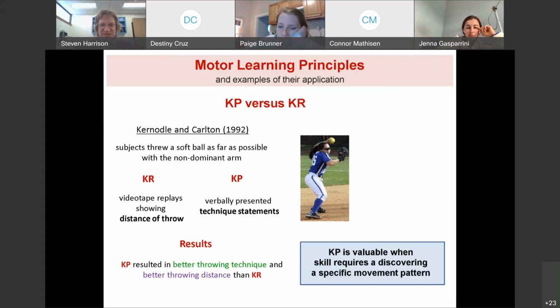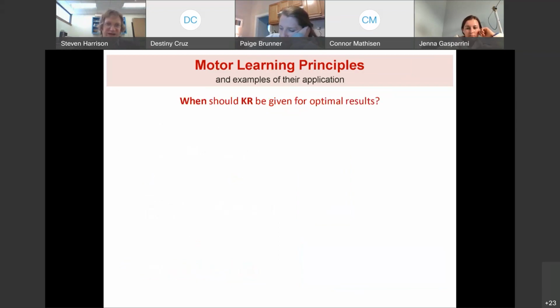So one potential takeaway here is that providing knowledge of performance is going to be valuable when you're dealing with a skill that requires discovering a specific movement pattern. If you're receiving information about how to tweak and constrain that pattern, you're going to get value out of knowledge of performance style feedback.